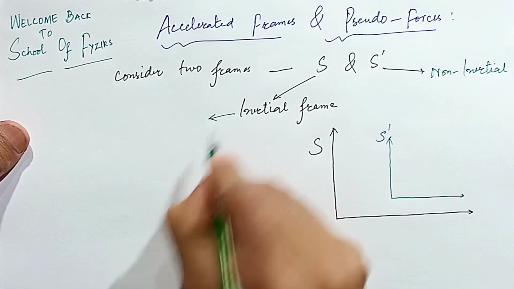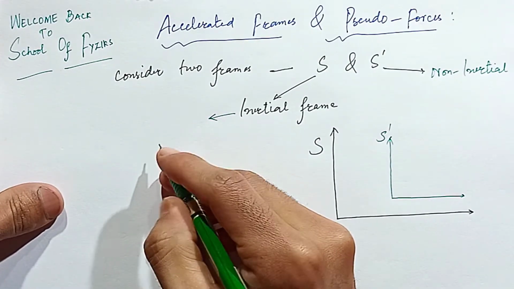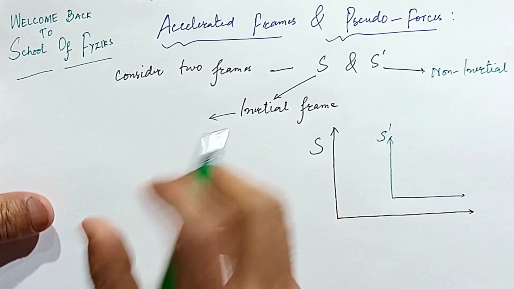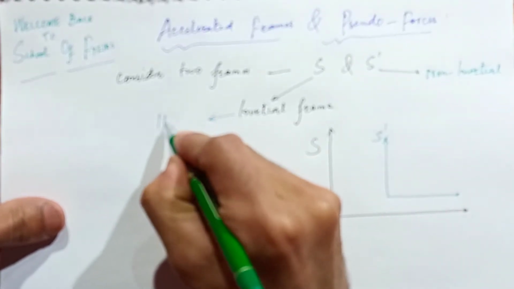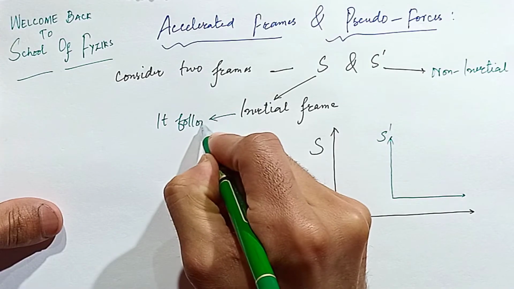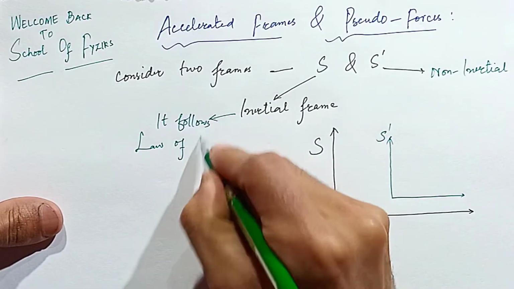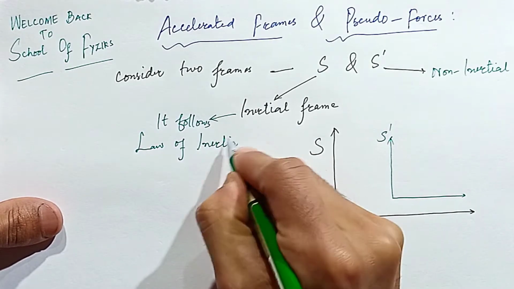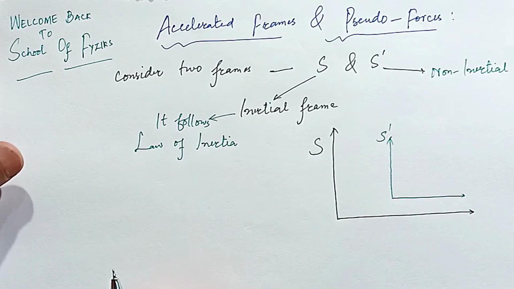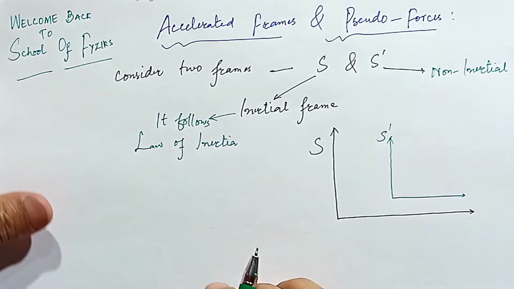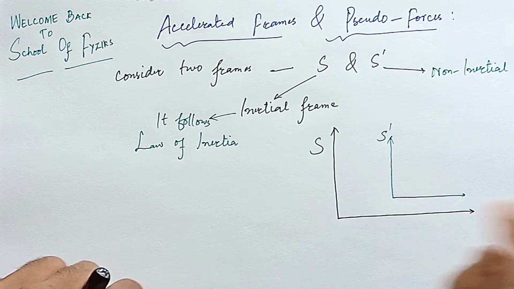An inertial frame of reference means that frame of reference in which Newton's law of inertia is followed. That means simply this frame of reference follows the law of inertia, as you have already seen in the first few lectures.